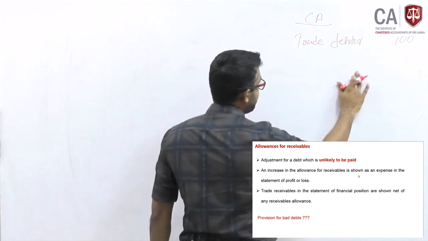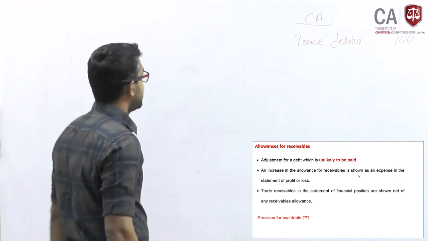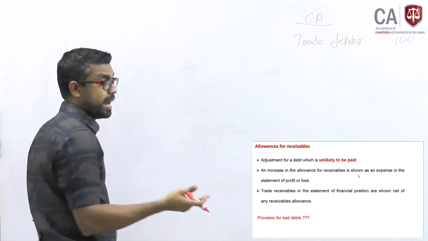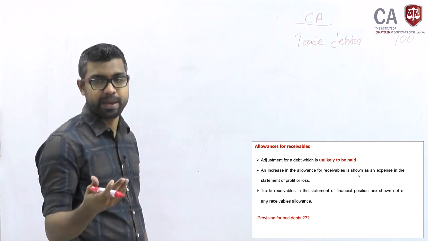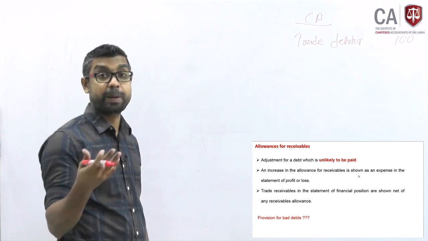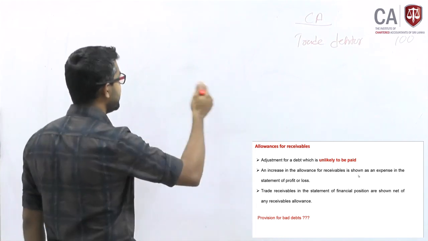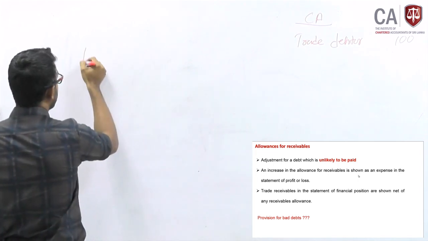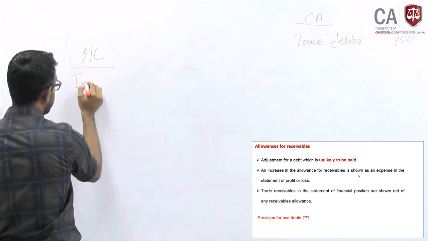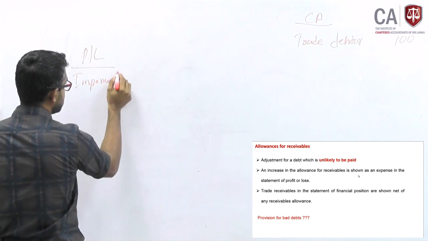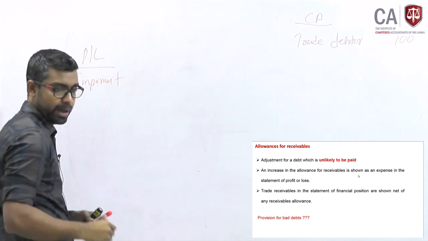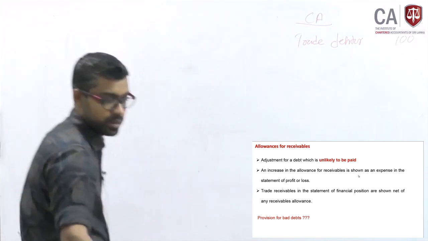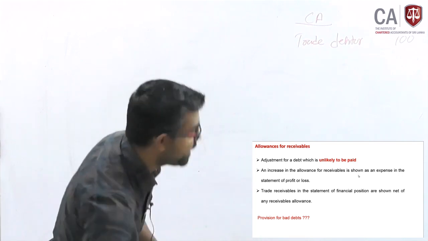If you have debtors and your expectation is not to be repaid, not expected to be paid by them, 20, you charge straight away to the profit and loss account as impairment.